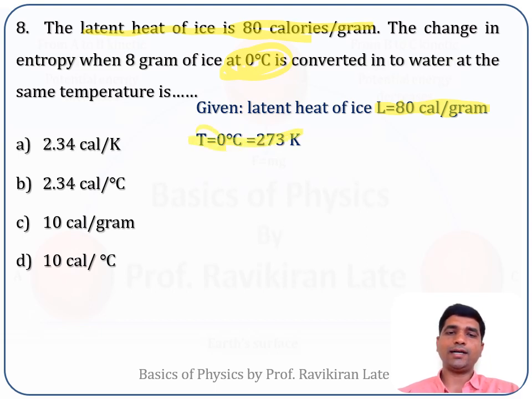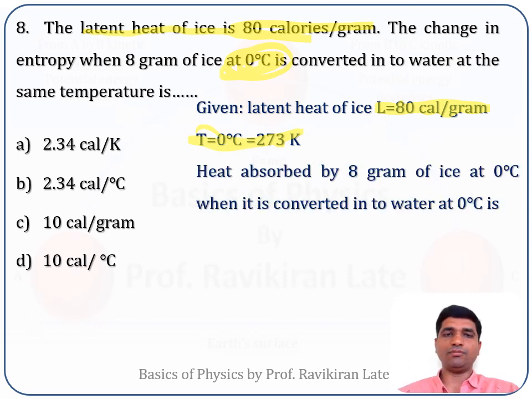So we can write T is equal to 0 degrees Celsius. We'll convert it into Kelvin, which is equal to 273 Kelvin. Now see, we have to calculate the change in entropy when 8 gram of ice is converted into water.